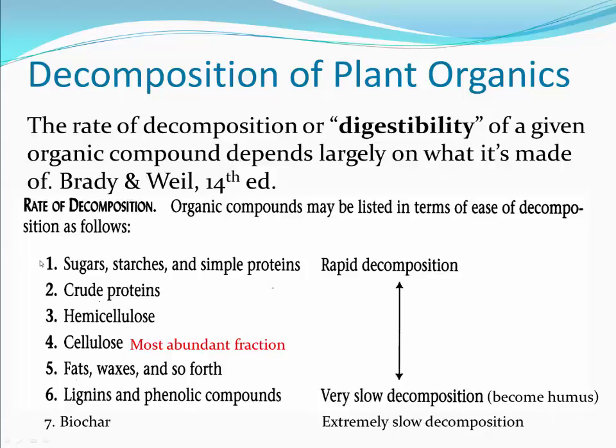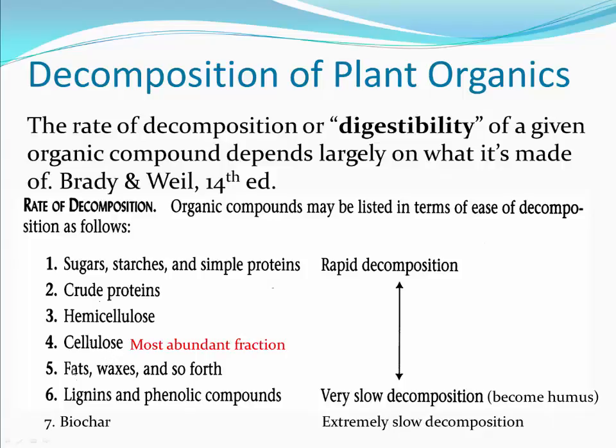Well, here's the chart that we talked about, and it lists the digestibility of organic compounds. The most easily and rapidly decomposed are the ones at the top of the chart: sugars, starches, simple proteins. And they increase through crude proteins, hemicellulose, cellulose, which again was the most abundant fraction, right? 42% of the organic material is cellulose.